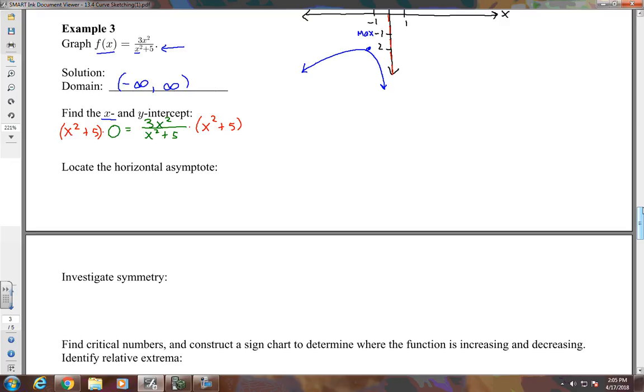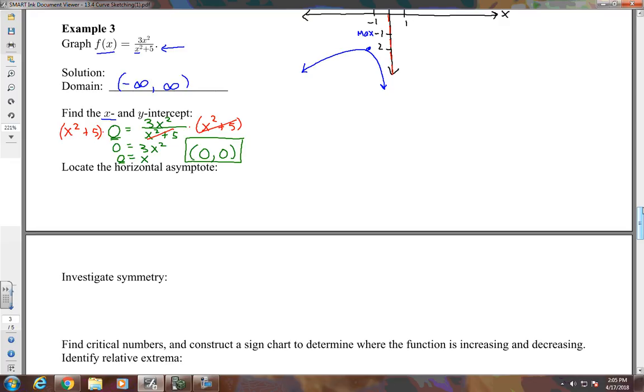We end up with 0 equals 3x squared, because everything on the right side cancels. Now, if I divide 0 by 3, and then take the square root of both sides, I'm going to end up with one solution there, x equals 0. So remember, we set y equal to 0, we found x equal to 0, so our x-intercept is (0, 0).